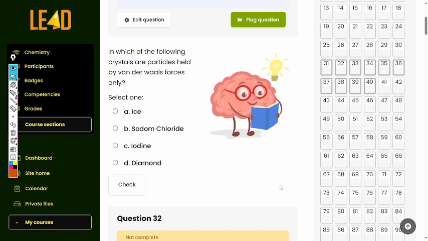So one molecule of iodine and another molecule of iodine are held by van der Waals forces. And then D, diamond. Diamond is formed from covalent bonds between carbon atoms. So the correct answer is iodine. Iodine molecules are held by van der Waals forces.